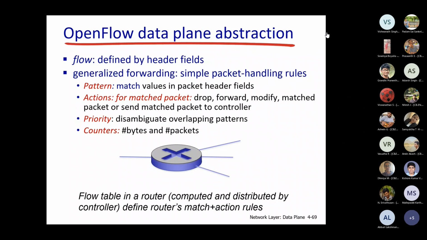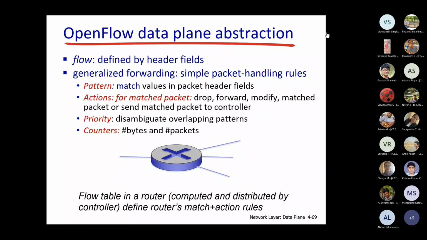Okay. Now, generalized forwarding: simple packet handling rules, a pattern that matches values in packet headers, with 4 attributes, and the actions for a matched packet. For the incoming packet, if it matches that particular key, then it can be decided whether the packet has to be dropped, forwarded, modified, or sent to a particular port.